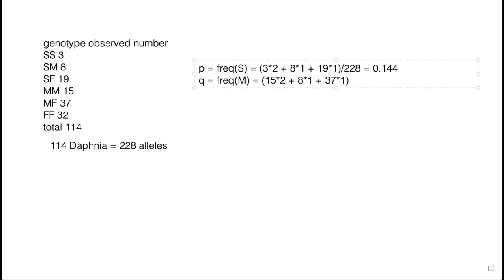So 15 MMs times 2 plus 8 SMs with 1 plus 37 MFs with 1, all divided by 228. And that should be equal to 75 over 228, which I make out to be 0.329.